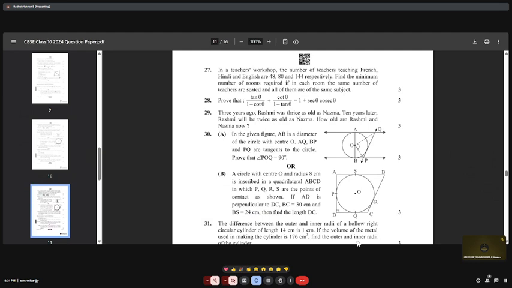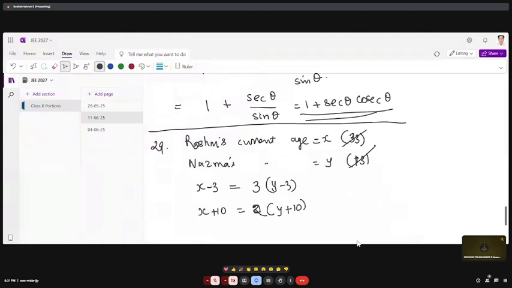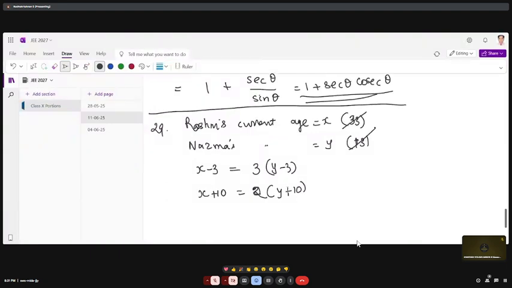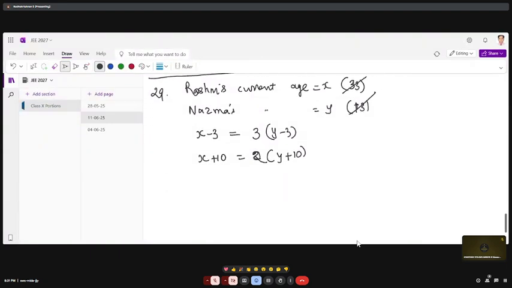This doesn't match. Okay. So the conditions are X minus 3 equal to 3 times Y minus 3 and X plus 10 is 2 times Y plus 10. Sir, did it?